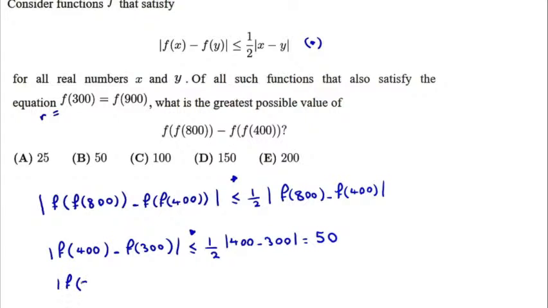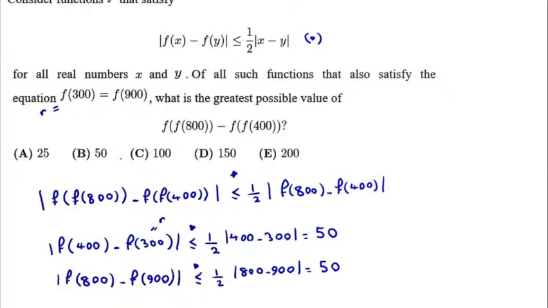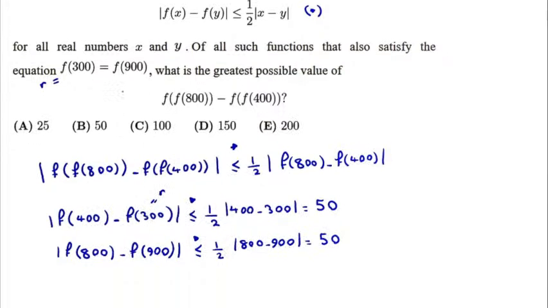Now, f of 800 minus f of 900 is less than or equal to 1/2 the absolute value of 800 minus 900, which will be 50 again. It is r, f of 300 equal to f of 900, r.